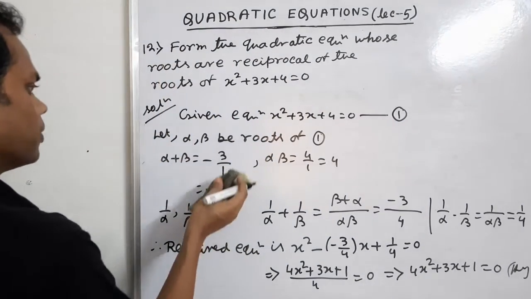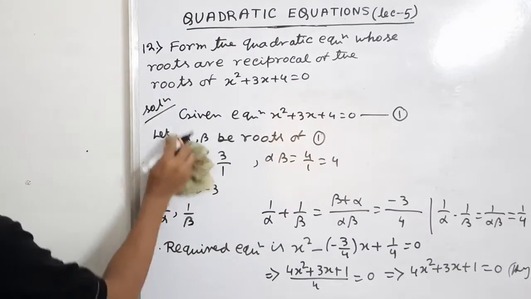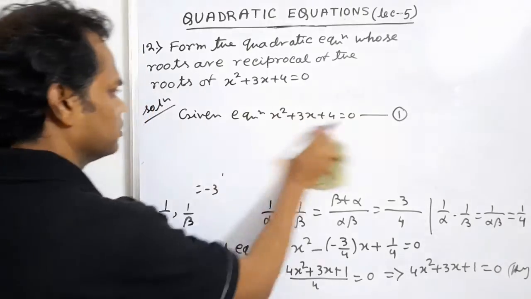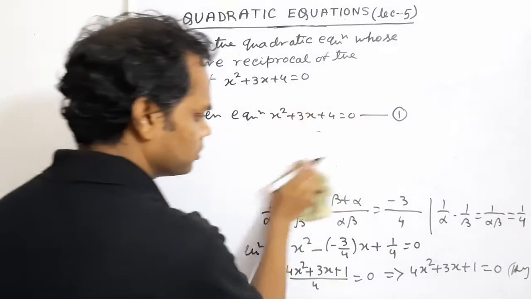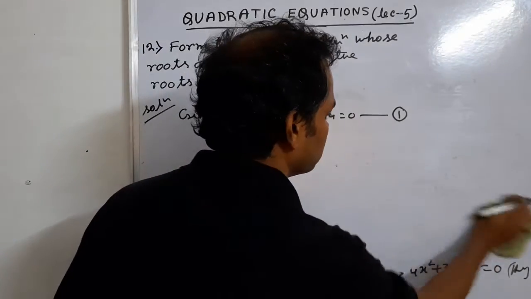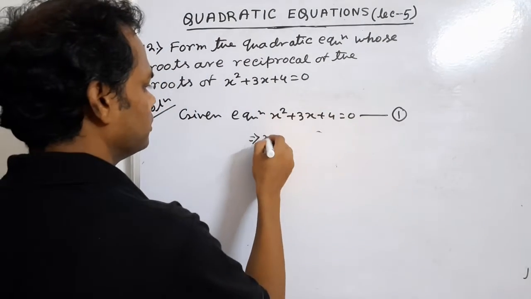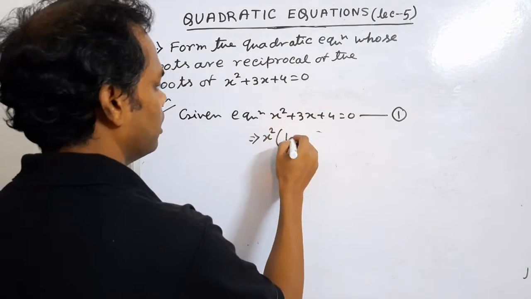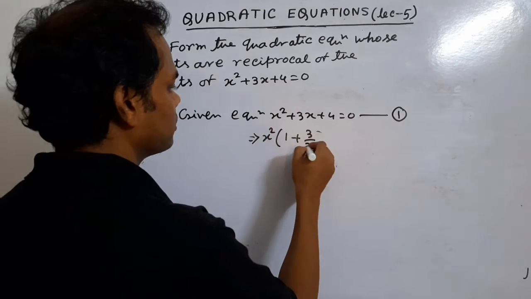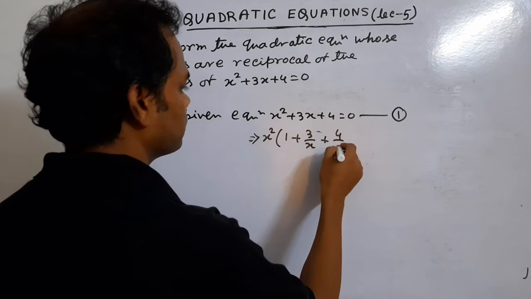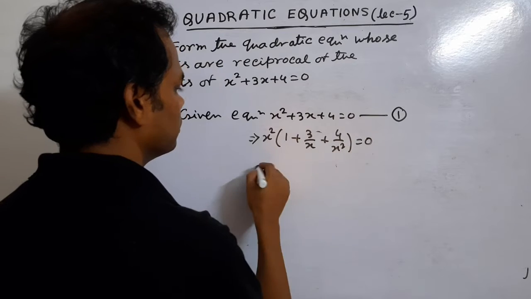And there is another way. This is kind of an MCQ process, a short process. If we take common x square from this, we get 1 plus 3 by x plus 4 by x square equals 0.